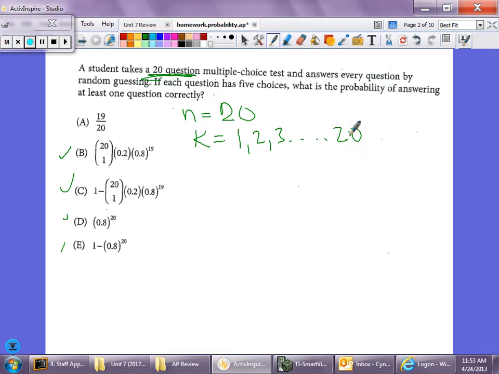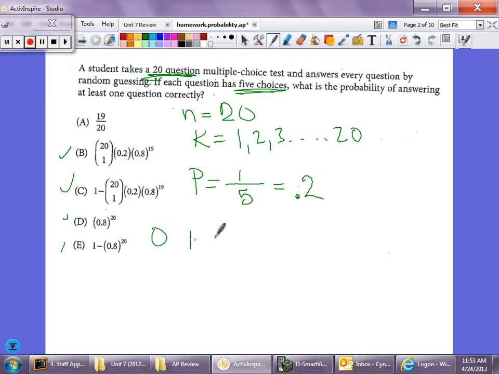And the probability of success on any one trial, they tell me is, well, they don't tell me, do they? Oh, 5 choices. So if 1 is correct out of the 5, my probability of success on any one question is 0.2. So right away, my mind goes to a binomial CDF where I'm going to write out, I have 20.